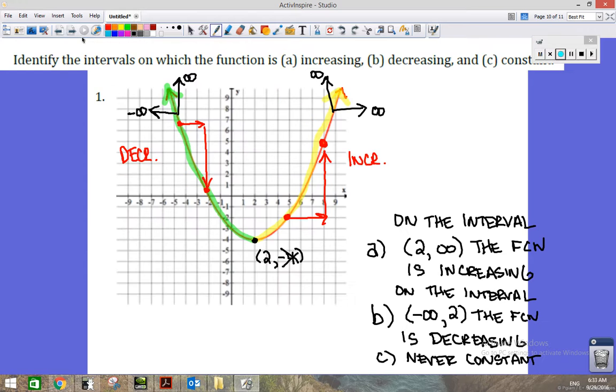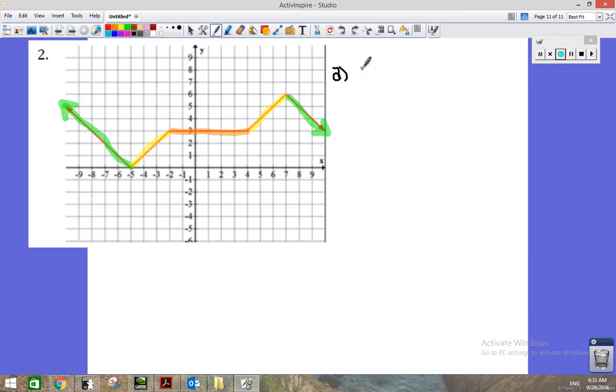So let's do it like we did before. But instead of writing "on the interval," which is singular, we have more than one interval on which it's increasing. So on the intervals, we use the x-coordinates. At this point, the x-coordinate is -5.